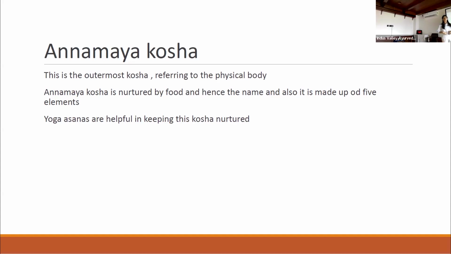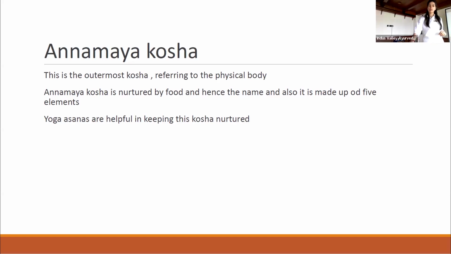Suppose someone is suffering from digestion related issues, indigestion or constipation, which is very common these days. At that time you can do Vamana Dhauti, just drink warm salt water and bring it out. You can do it by yourself. So you can do these types of Shatkarma practice and asana practice on a regular basis for keeping your body healthy.